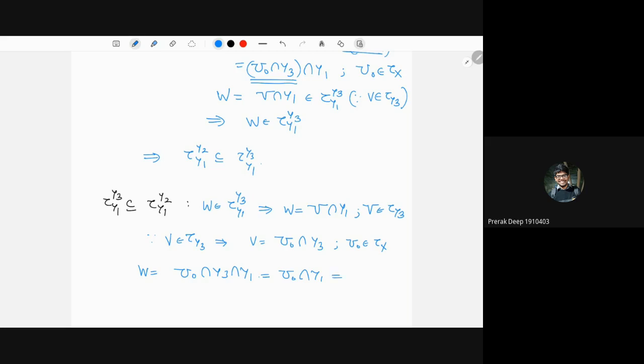So this is nothing but a subspace topology on Y1.